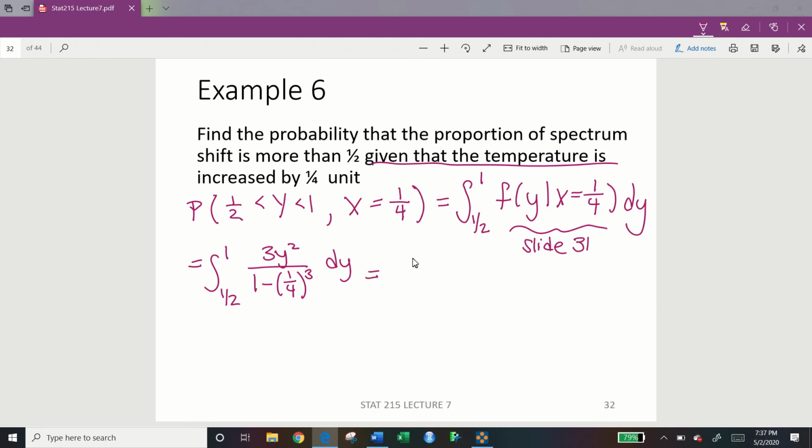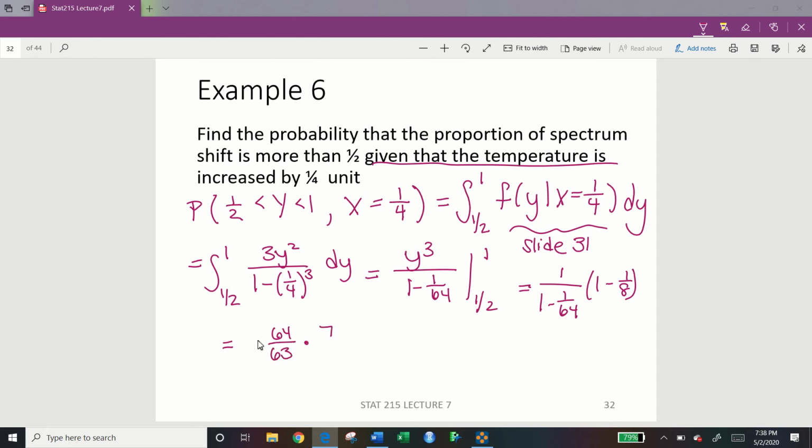So this is going to be y cubed over 1 minus 1/64 on our bounds of 1/2 to 1. This will equal 1 over 1 minus 1/64 multiplied by the quantity 1 minus 1/8. This will equal 64 over 63 multiplied by 7/8, which will equal 8/9.